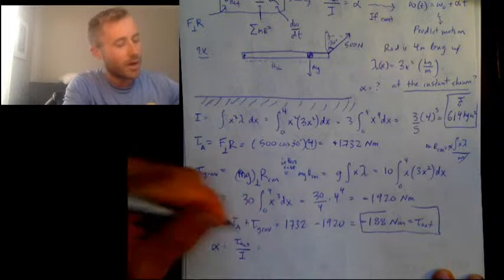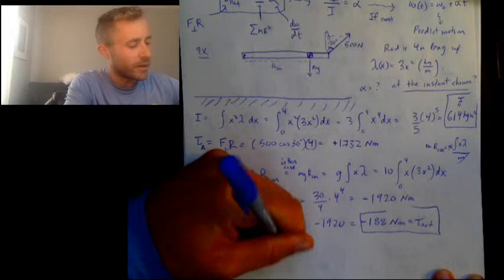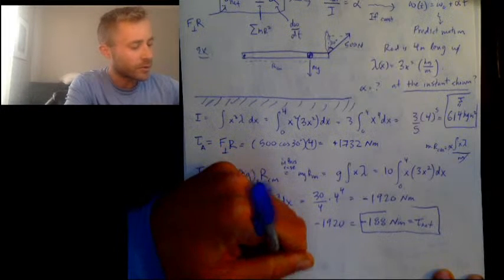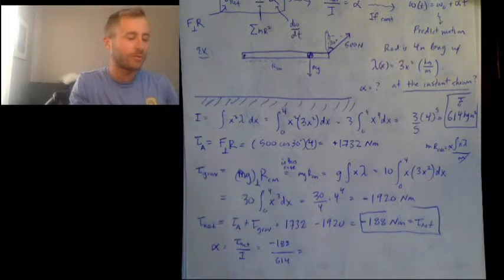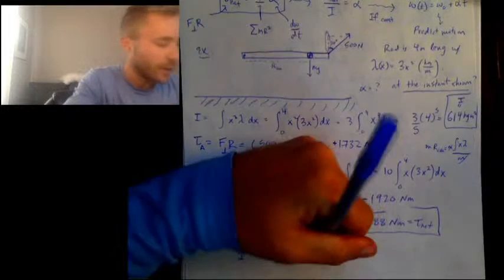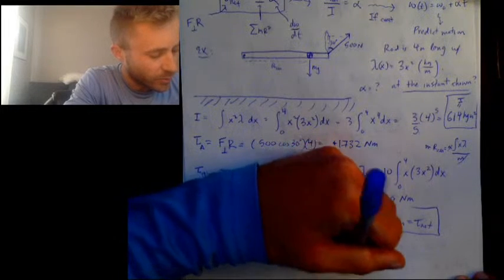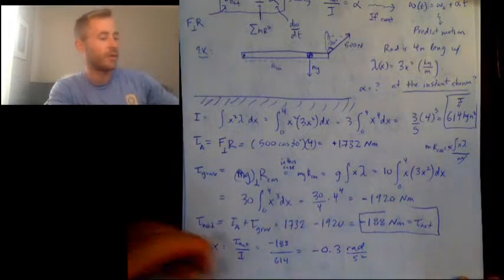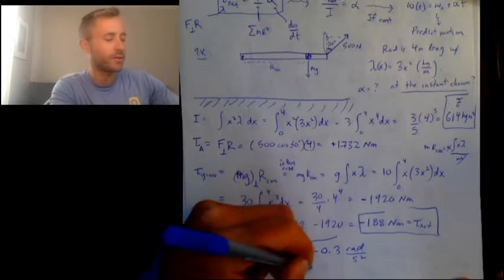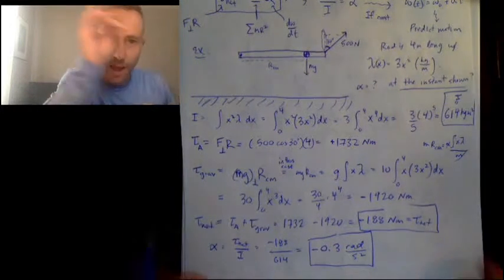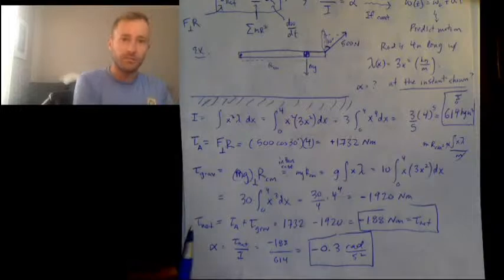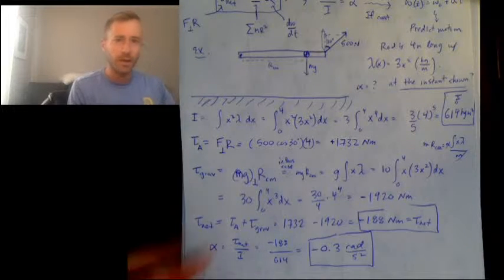Negative 188 divided by 614 equals negative 0.3 radians per second squared. So that is the angular acceleration of this rod at that particular instant. Okay?